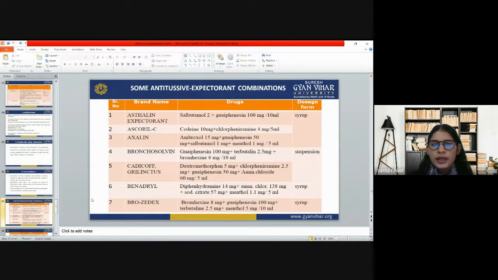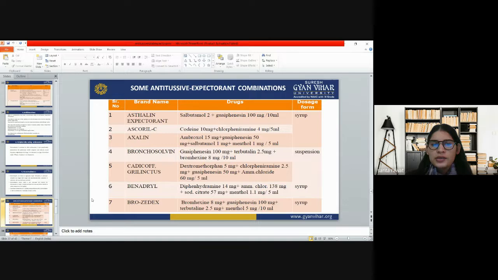These are some antitussive and expectorant combinations that we can use for cough to enhance its effect. First we have Ascoril expectorant, which includes salbutamol 2 mg and guaifenesin 100 mg per 10 ml. It comes in the form of syrup.